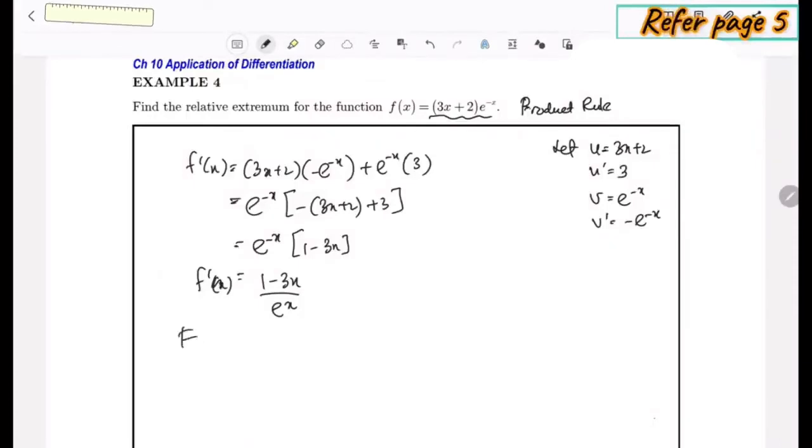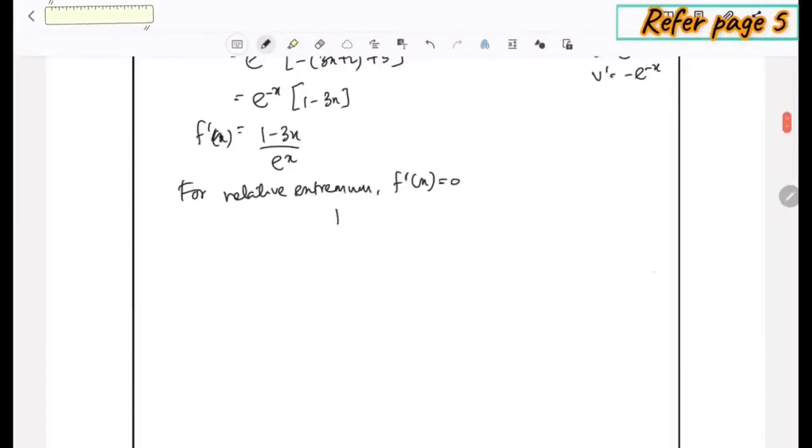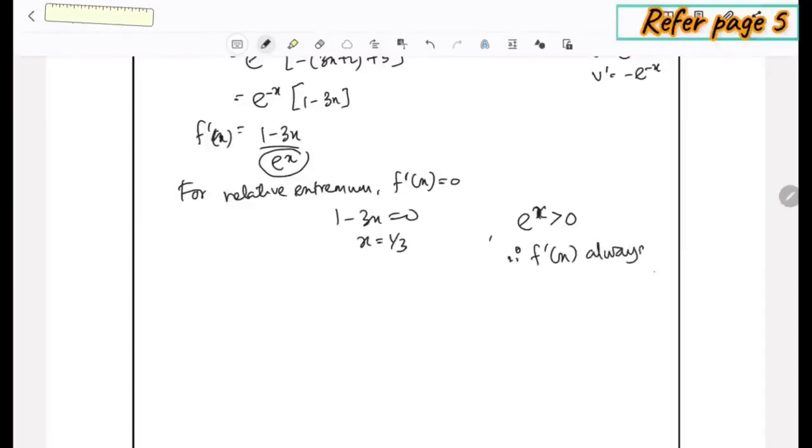So for relative extremum, f prime x equals 0. So 1 minus 3x equals 0, x equals 1 over 3. For the denominator, e to the x is always greater than 0. So hence, f prime x exists for all x.